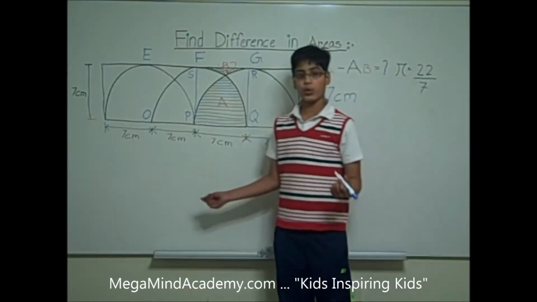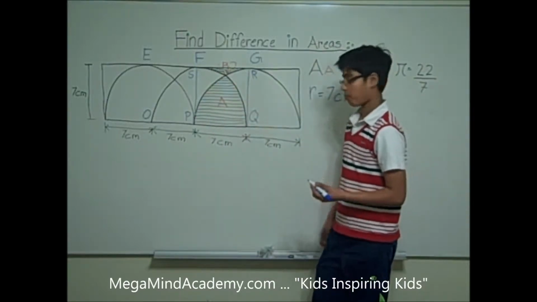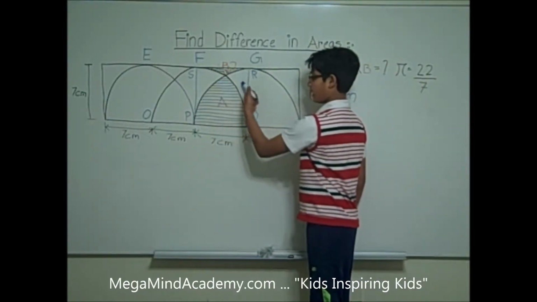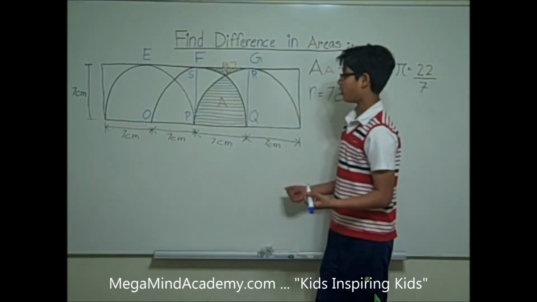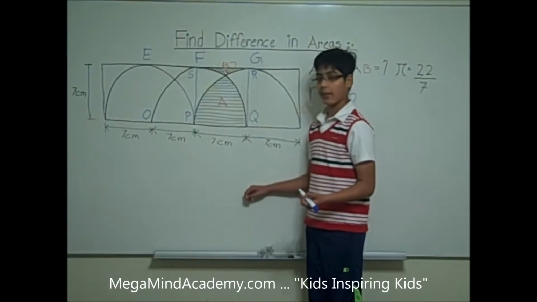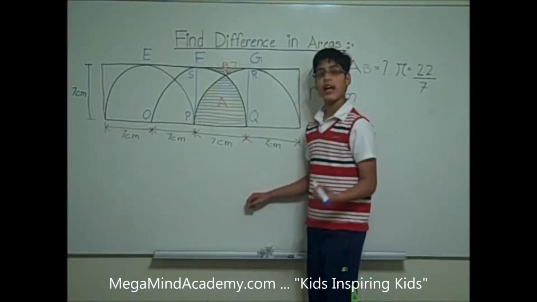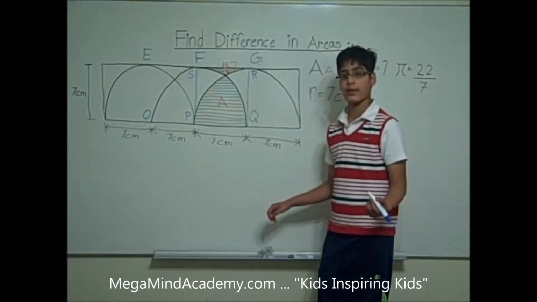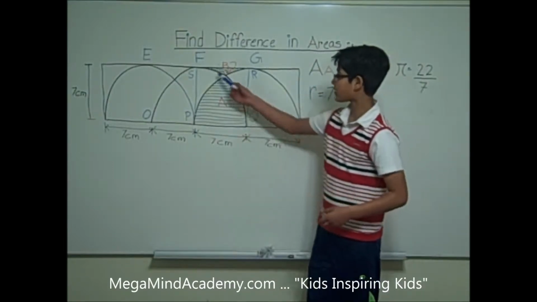Now, we see in this square that the 2 unshaded portions, which are here and here, are equal to each other. This is true because in this diagram, each of the semicircles start on the center of one semicircle and end on the center of the other semicircle. Let's take semicircle F, for instance.